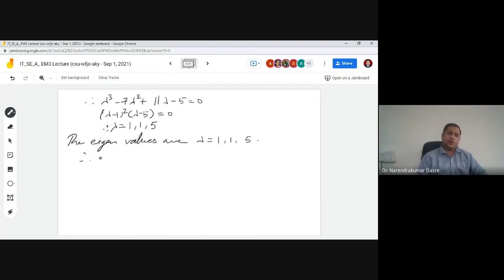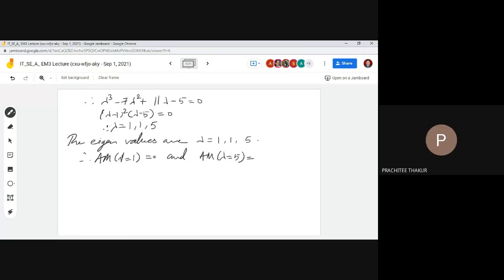Can you tell me the algebraic multiplicity of lambda equal to 1 and the algebraic multiplicity of lambda equal to 5? How many times is 1 repeated? 2 times.